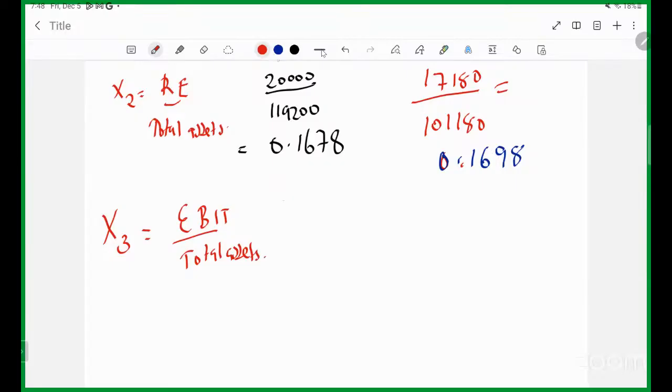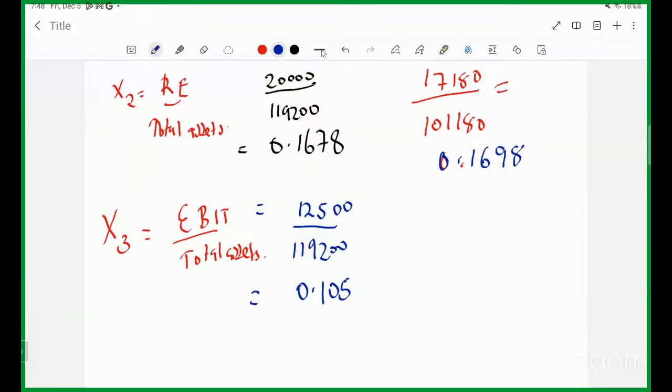What do we have here in 2023? 12,500 divided by 119,200. And what do we get? 0.1049, which is 0.105. Okay.